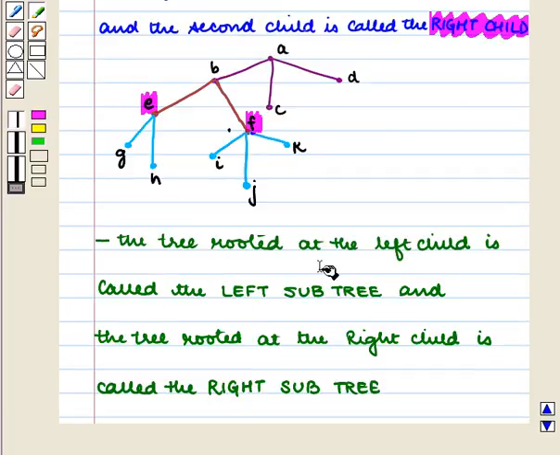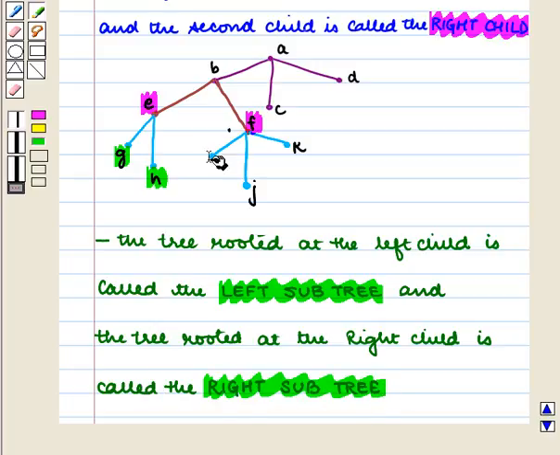The tree rooted at the left child is called the left subtree and the tree rooted at the right child is called the right subtree. Ordered rooted trees can be defined recursively.